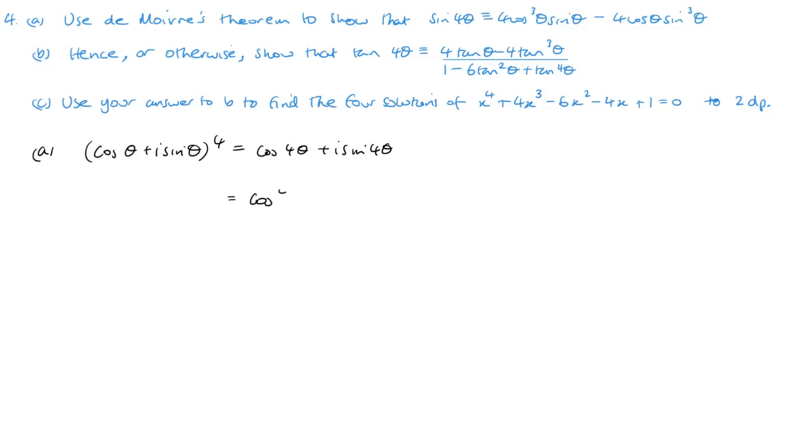So it's going to be cos to the 4 theta plus 4 cos cubed theta i sine theta, so that's 4i, plus 6 cos squared theta i squared sine squared theta, so the i squared is going to turn this into a minus 1, plus 4 cos theta, now it's sine cubed theta, so that's going to be a negative i, so it's going to be minus 4i.